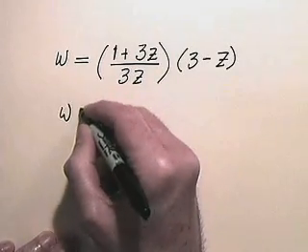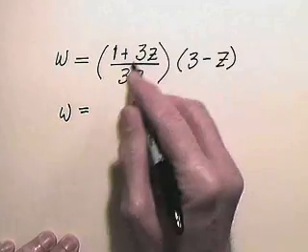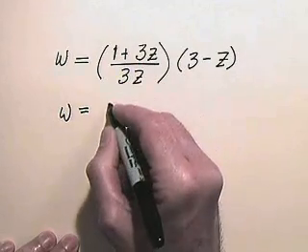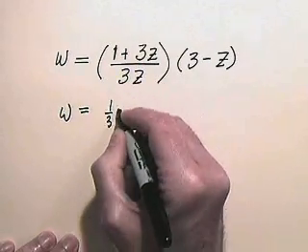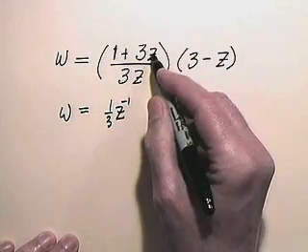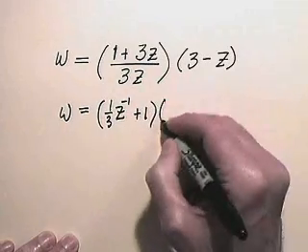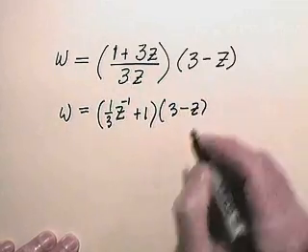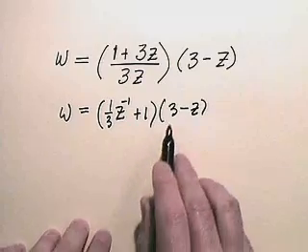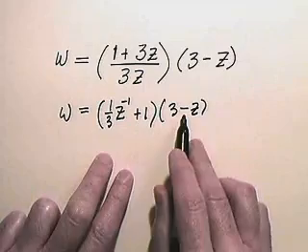So if we go ahead and divide it in, notice we get, for our first term in the first factor, 1 over 3z, which we can write as 1/3 z to the negative 1. And then the second term is 3z over 3z, which is just 1. So that already is looking simpler. And now let's just go ahead and multiply those two factors together.